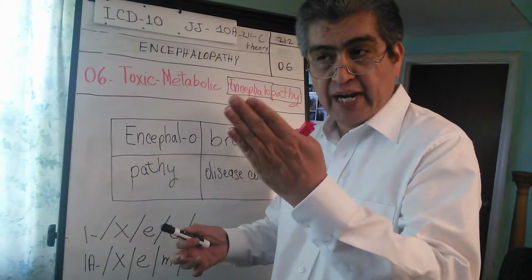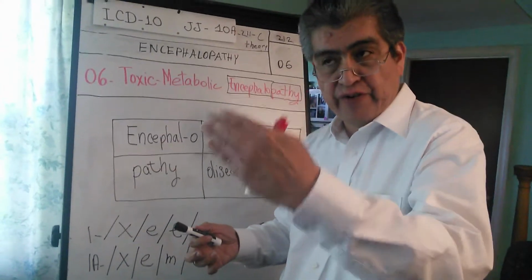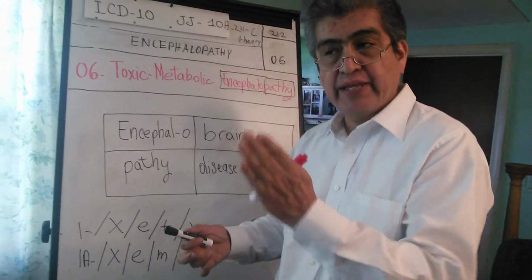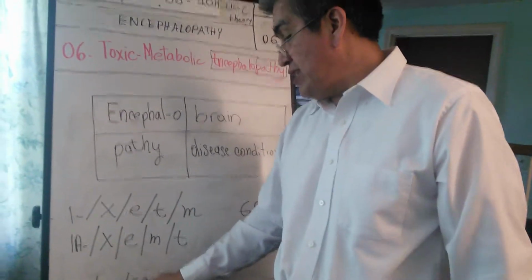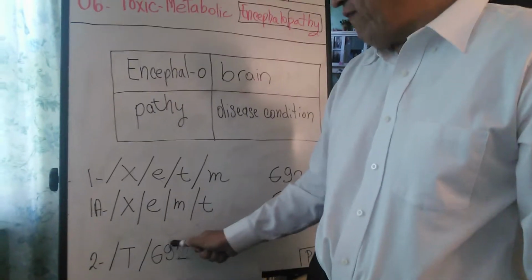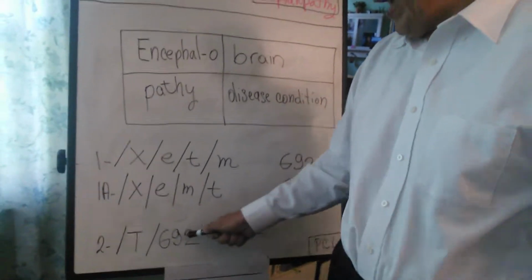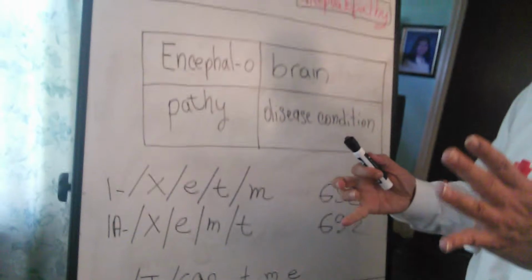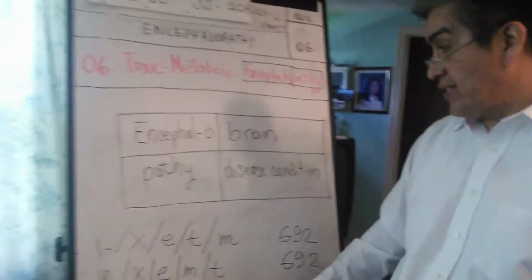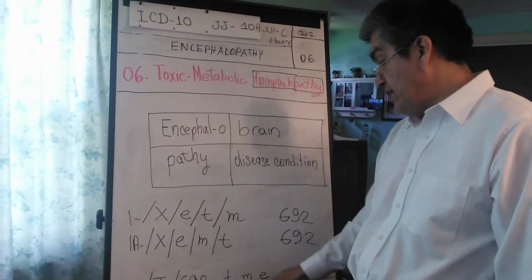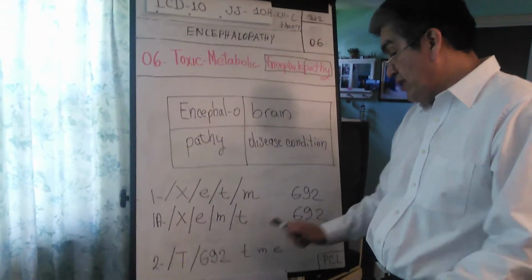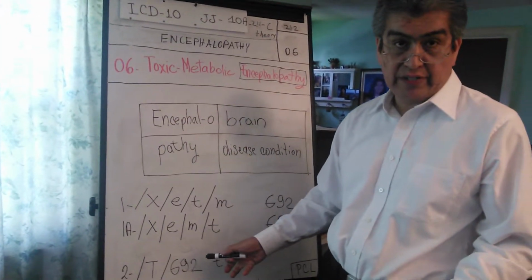So the diseases that are code A something are first, A1, A2, A3, then B, then C, then D, then E. Now we have to go to the letter G, and then find 92. And next to it, you're going to read a description of the disease. That is exactly our problem. It says toxic metabolic encephalopathy. So that's our confirmation of it.